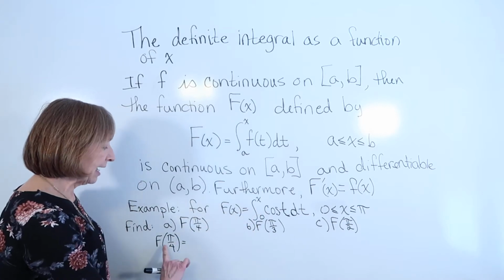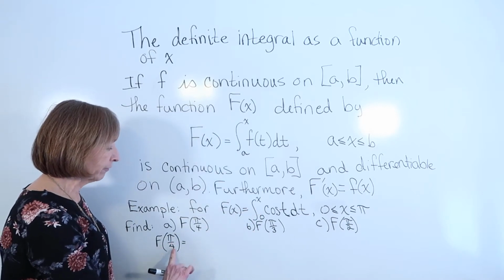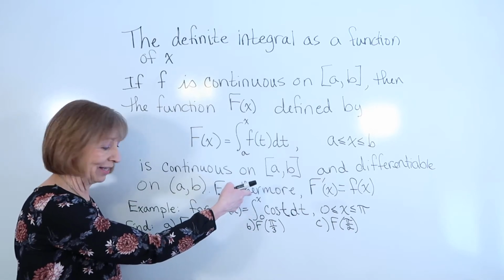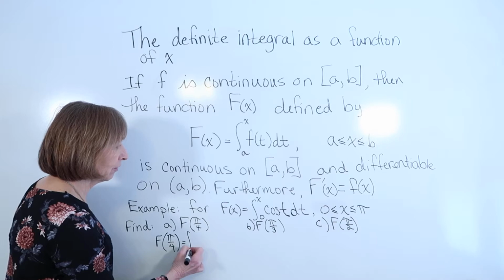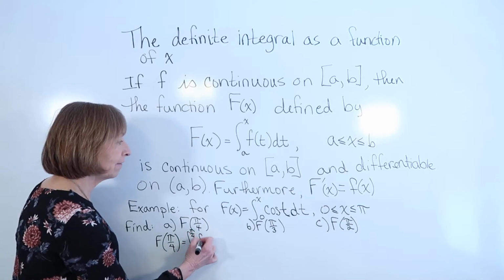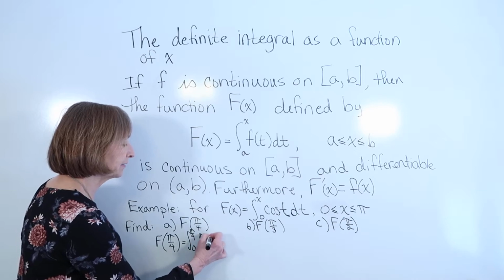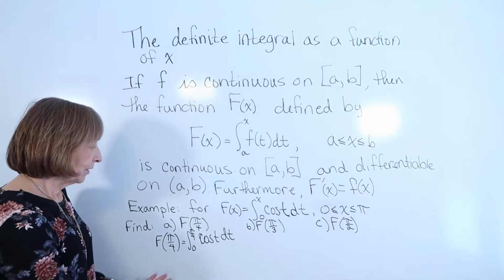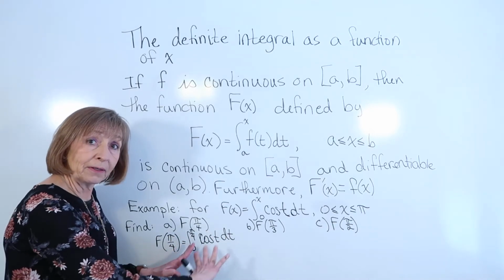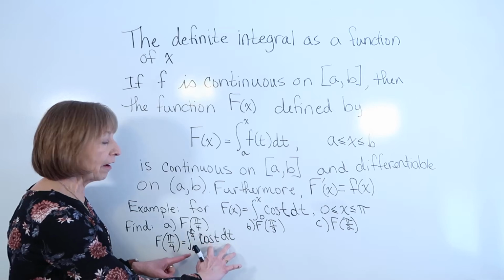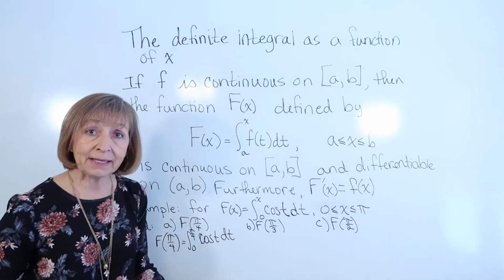So when I look at finding capital F of pi over 4, well, this is capital F of x, and x is there. So this is going to be the integral from 0 to pi over 4 of my cosine of t dt. Remember, now that I have my definite integral from a number to a number of a function, that's going to be a number.